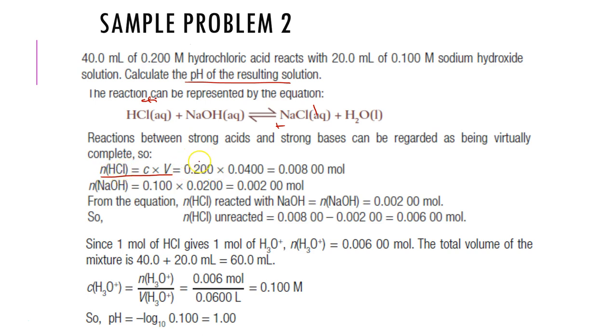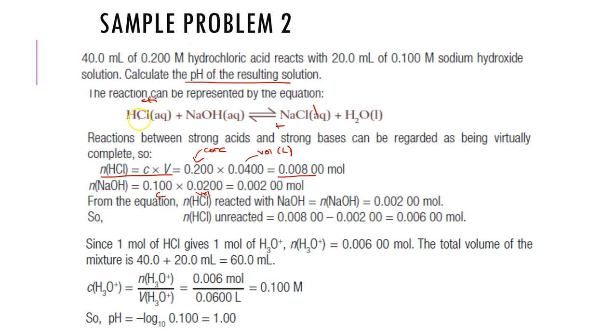This is our concentration of HCl, and this is our volume, remembering that we have converted our volume to liters. That will give us 0.0800 moles of HCl that was placed in the reaction flask. Doing the same for sodium hydroxide, we get 0.1 molar, this is our concentration, multiplied by our volume converted into liters, will give us 0.002 moles.